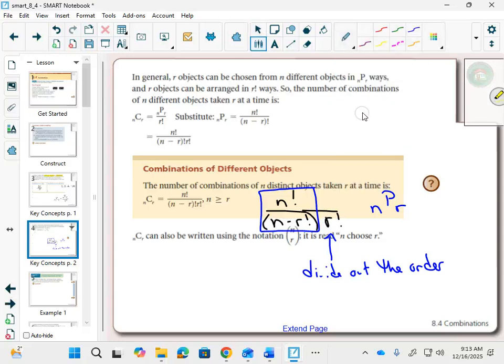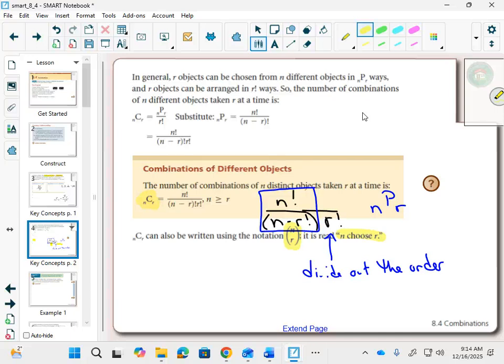And if you ever study this later on, for our course, we're always going to use this notation of nCr. A lot of textbooks later on use this notation with an n and an r in brackets. So just if you ever see that. And our language for the C, we often read it as n choose r, because you're choosing things where the order doesn't matter.